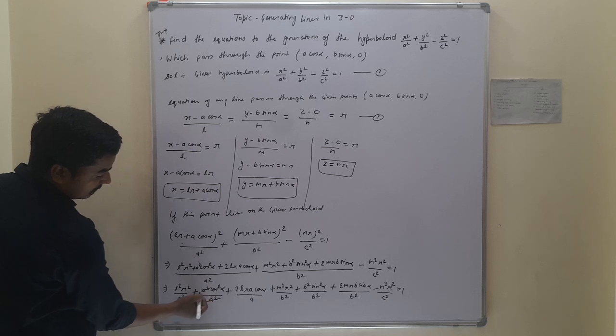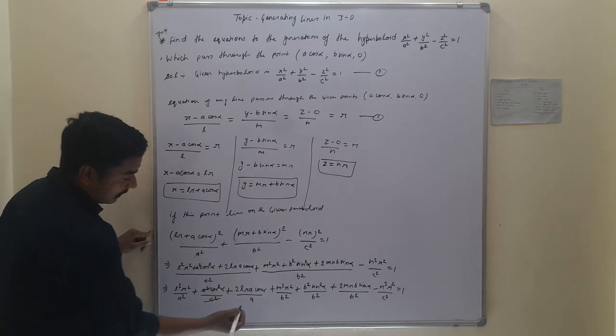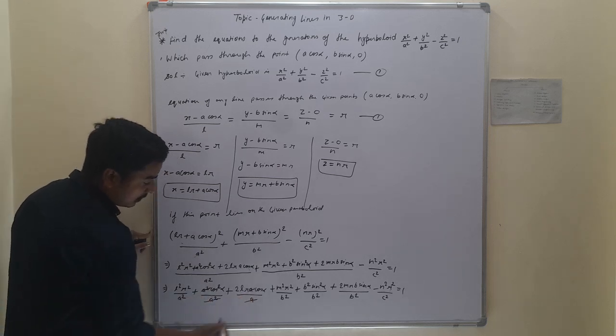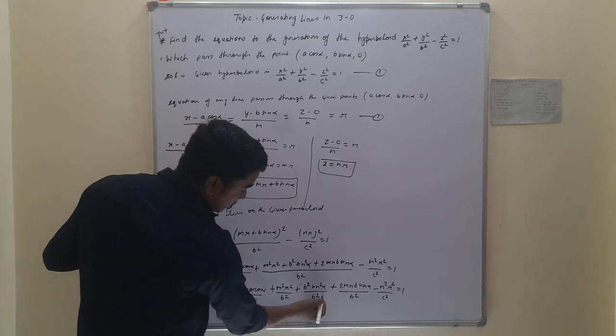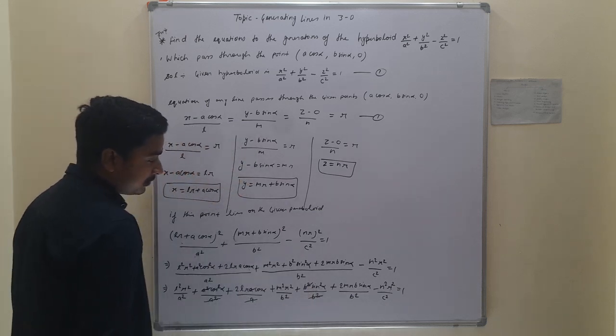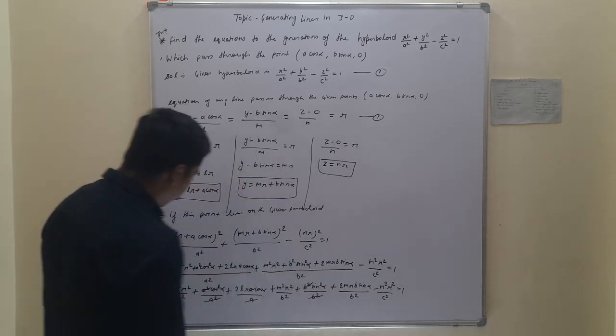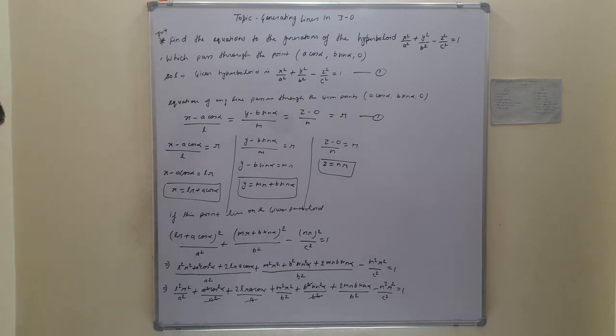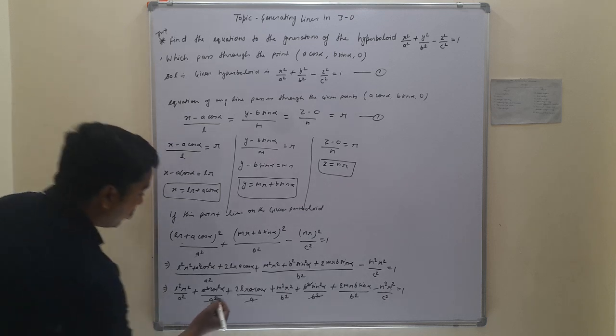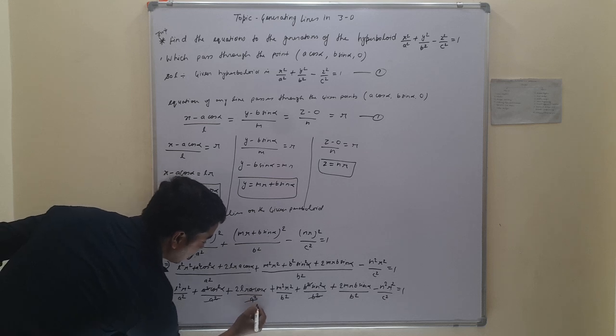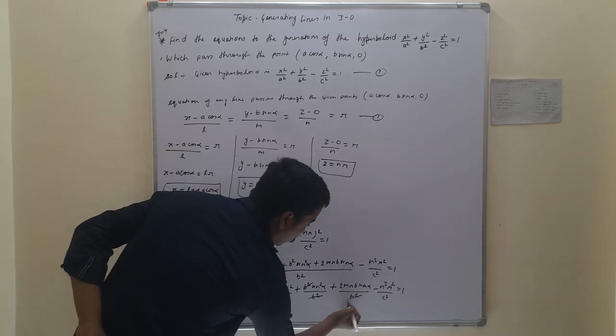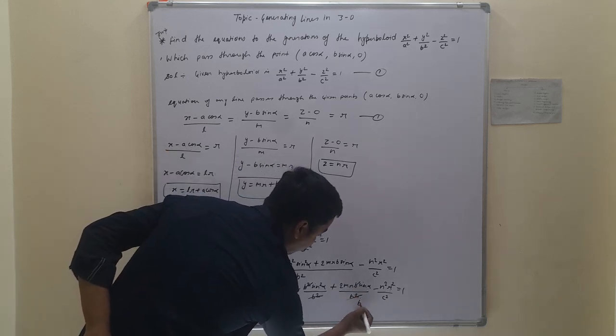A square to a square is cancelled out, and a to a is cancelled out, and b square to b square is cancelled out, and we cancel once again. Here is a square, so the remaining is a, and b square to b is cancelled out, the remaining is b.